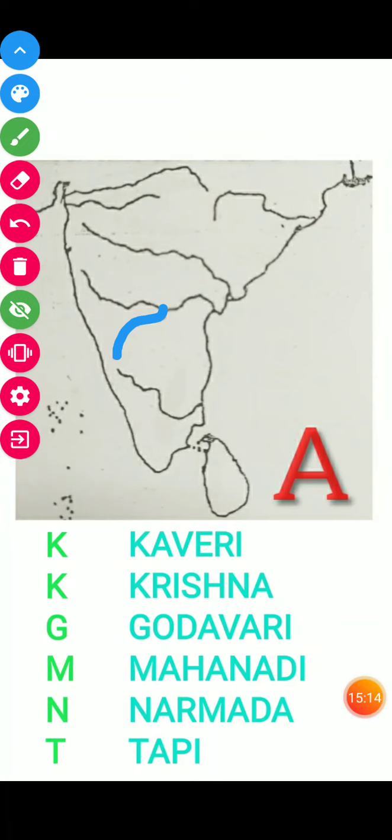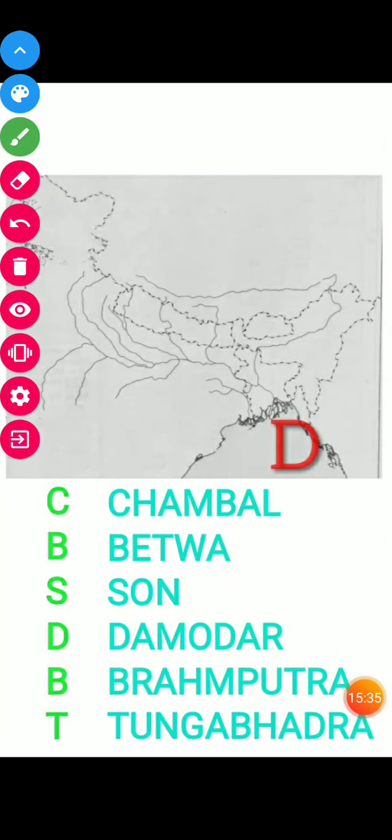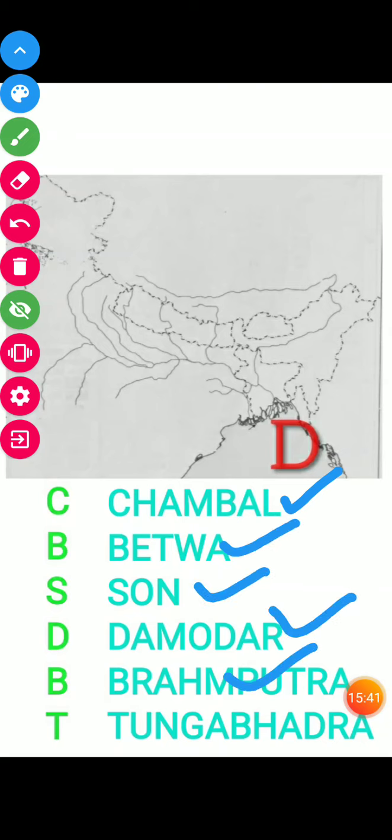So you can say this is a tributary of Krishna. I kept it in section D, the 4th section, as 6 rivers will be there in each section, and here it was not an individual river, so I skipped it and took it into section D. So section D will have 6 rivers: Chambal, Betwa, Son, Damodar, Brahmaputra and Tungabhadra.